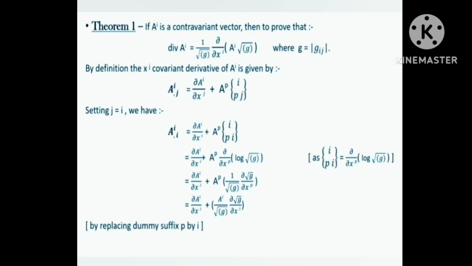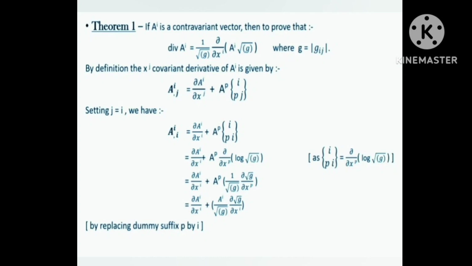So by definition, the covariant derivative of A^I with respect to x^j is given by A^I_j is equal to del A^I upon del x^j plus A^p Γ^I_pj. Setting j equal to I, we have A^I_I is equal to del A^I upon del x^I plus A^p Γ^I_pI.